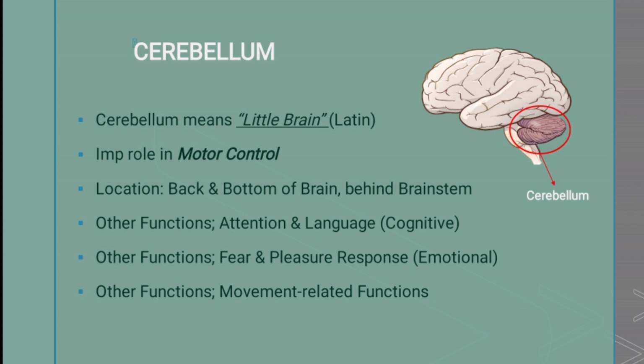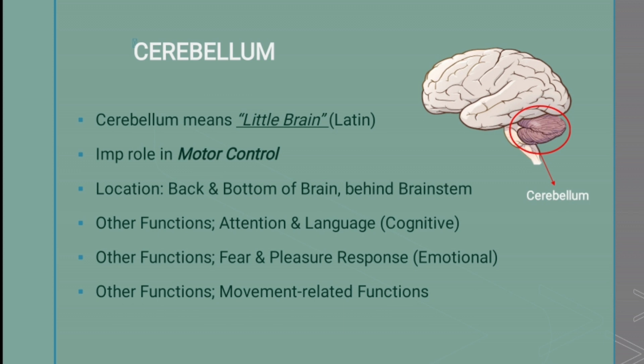In Latin, cerebellum means little brain. As in the picture, you can see that the cerebellum is the smallest portion in the brain. Please compare the cerebellum and other brain regions. When compared to the other parts, the cerebellum is very little.